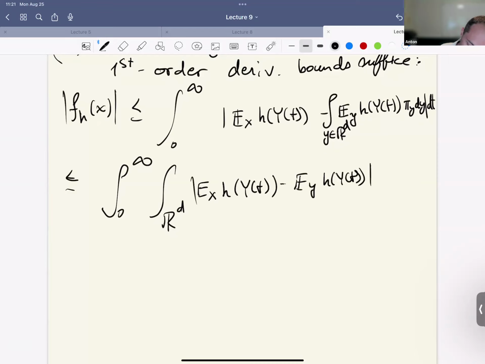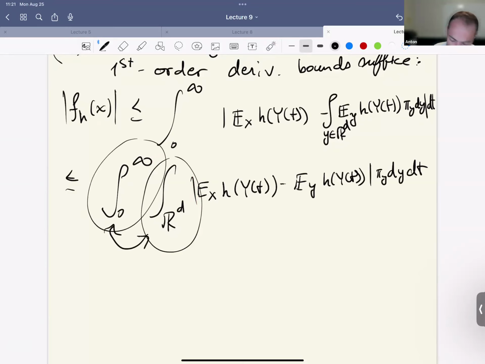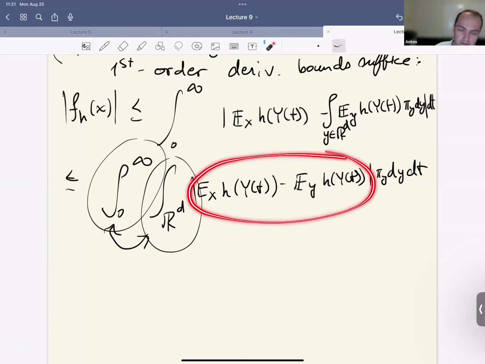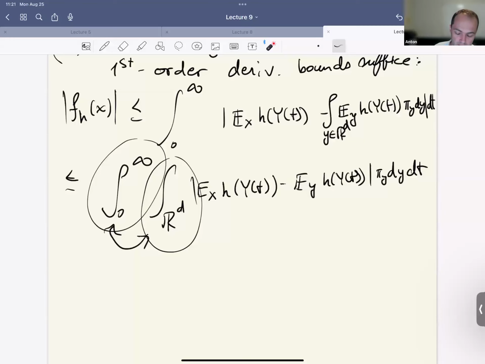I have the norm here, and I've basically pulled out my expectation integral pi of y dy dt. All right, and then I will just flip or swap these two again. And what I'm left with looks a lot like a first order bound.